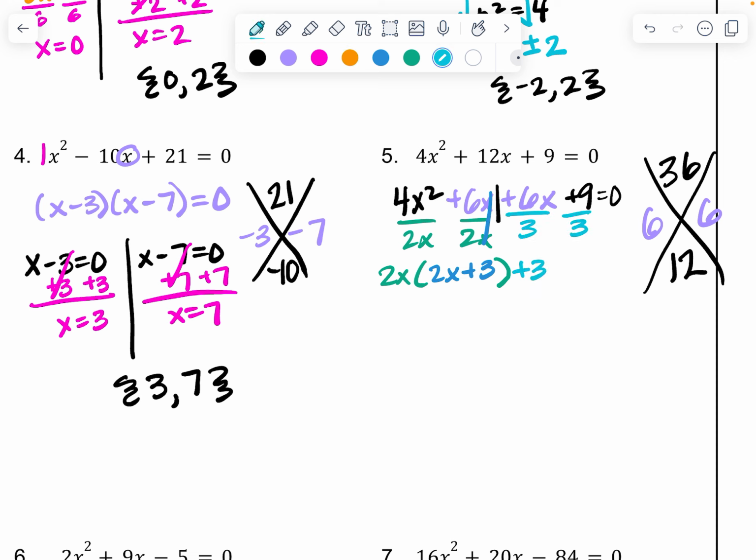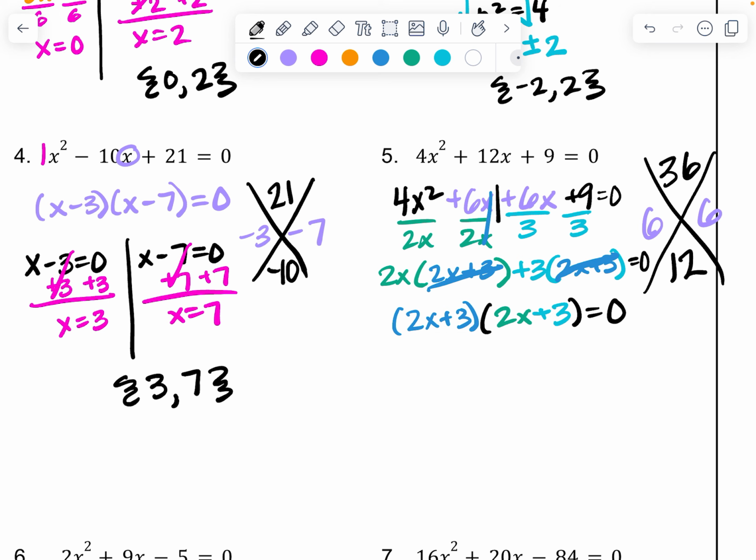So plus 3, 2x plus 3 equals 0. So fully factored, this is 2x plus 3 times 2x plus 3. So the factors are the same.